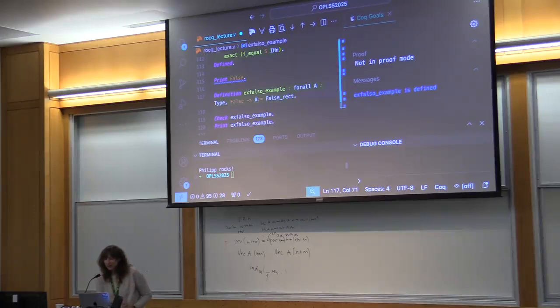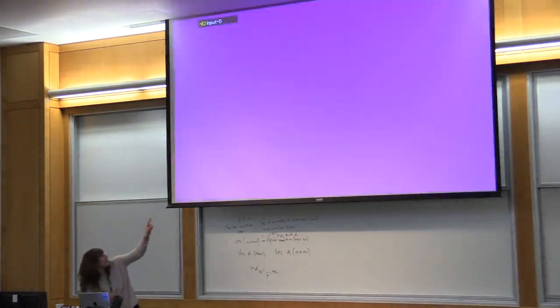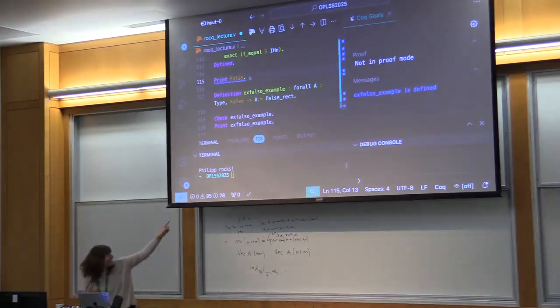Sorry, I started with, we will see the empty type and it's called False in Rocq. No worries, False is just the empty type, and this is just the X falso induction principle.